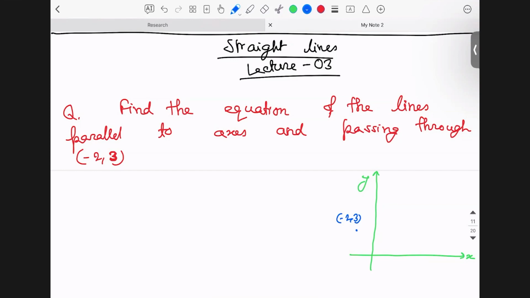They haven't mentioned parallel to which axis, so we can assume that this is parallel to x axis or it is parallel to y axis. If the straight line is parallel to y axis, then it will look like this, right? So we will write here both the cases.